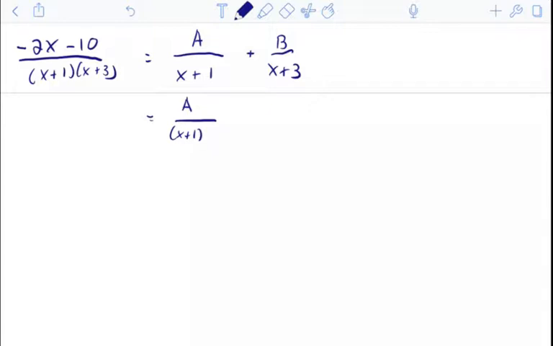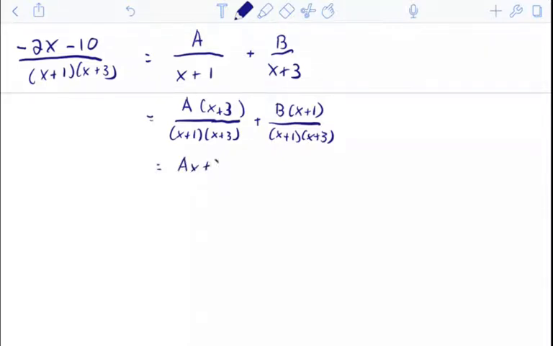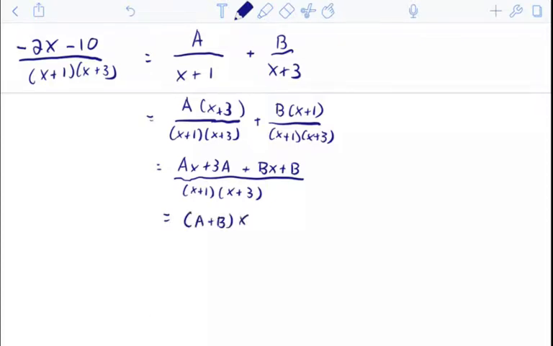So I'm going to multiply this one by the denominator of the other one. Make sure to do it top and bottom. You don't want to make any mistakes here. Okay, now I'm going to multiply everything out. Plus bx plus b, all divided by... and so this becomes a plus bx plus b plus 3a.